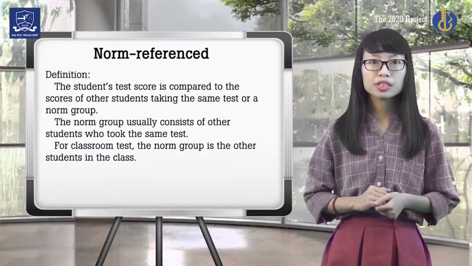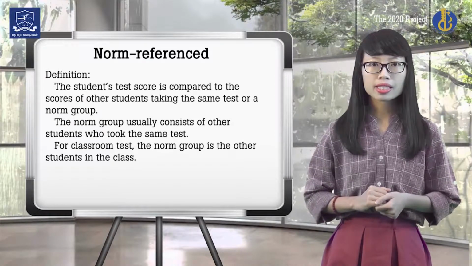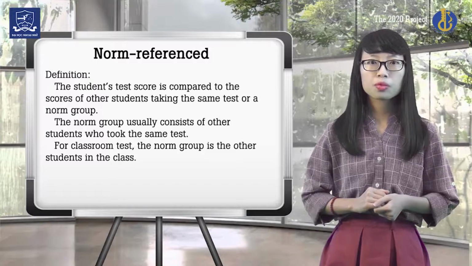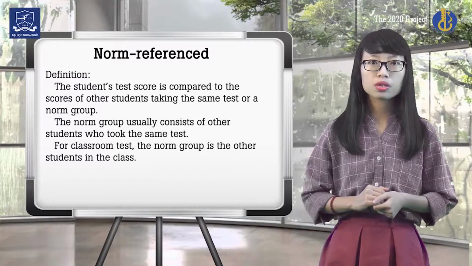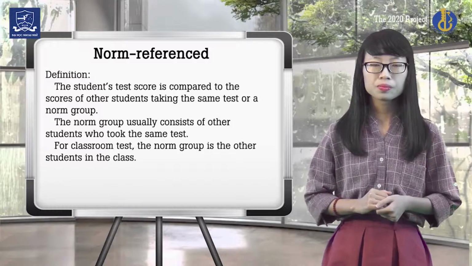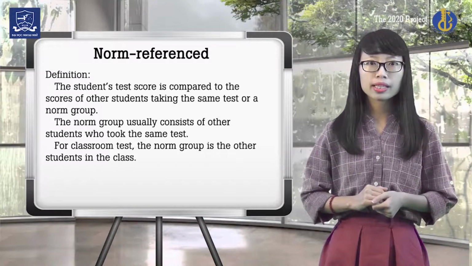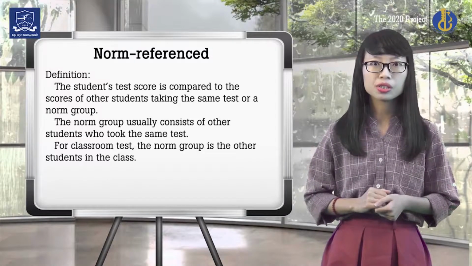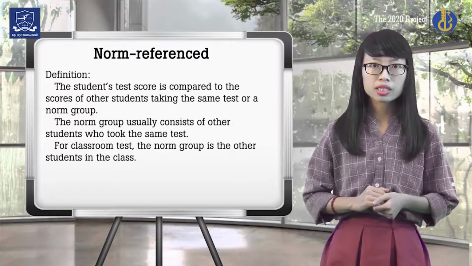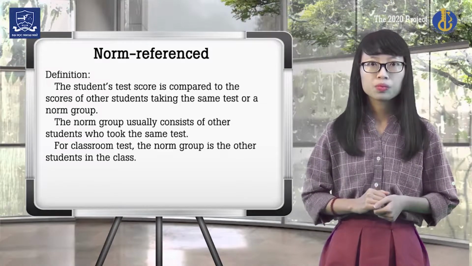With norm reference interpretations, the students who took the test are ranked from those with the highest scores to those with the lowest scores. In Vietnam, for example, many schools and classrooms in the old days often provided information about the students' ranks in a class or even in the whole school.